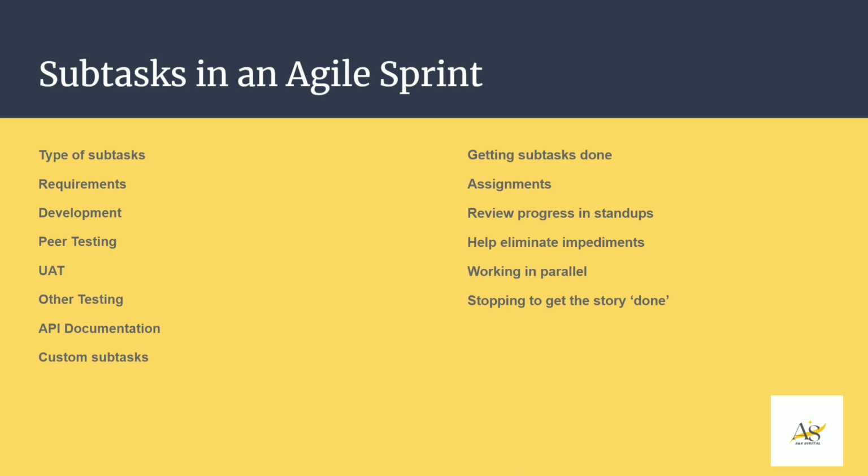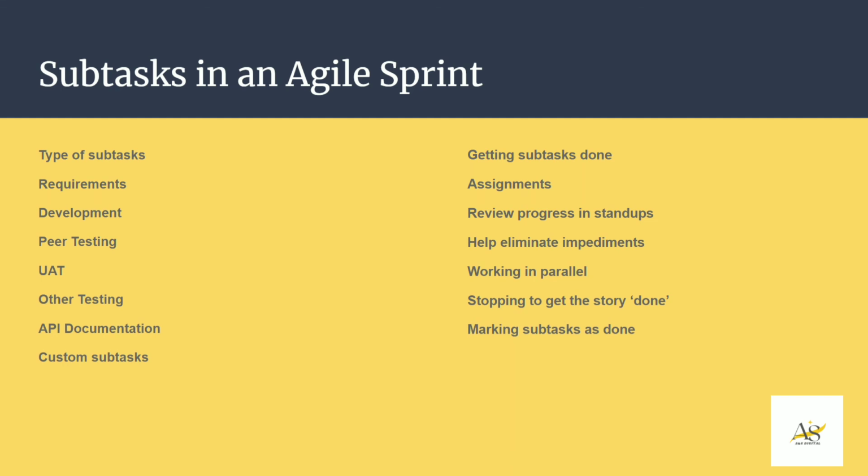Next is an activity that usually the Scrum Master will own, or the person who's assigned the subtask, that they need to timely go through that effort of getting and marking their subtasks done, because the collection of all these subtasks is what will permit us to mark a story to be done.